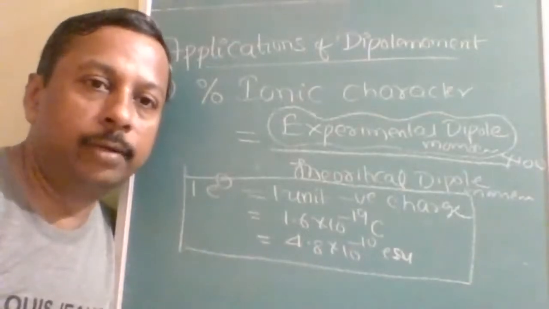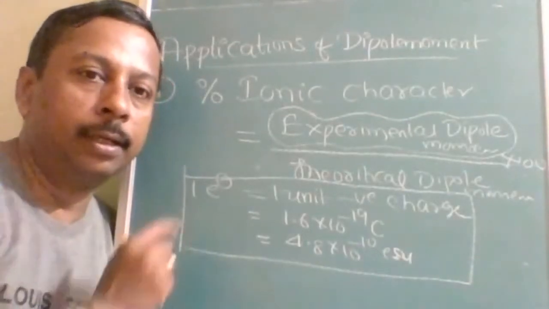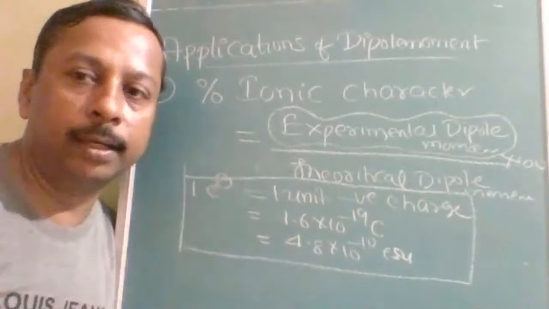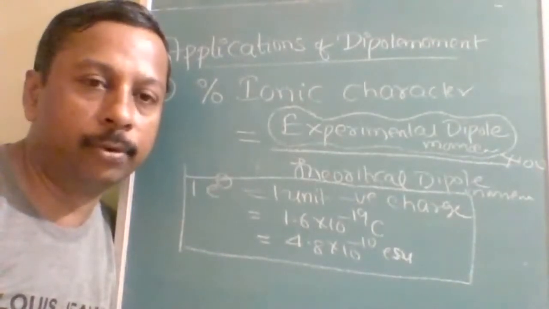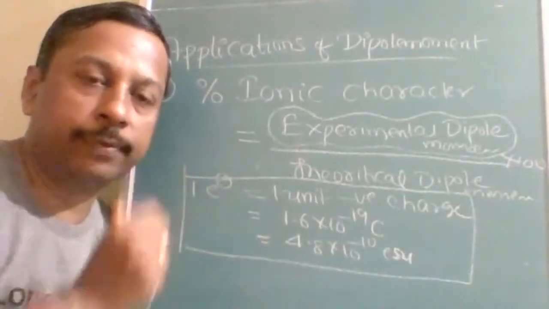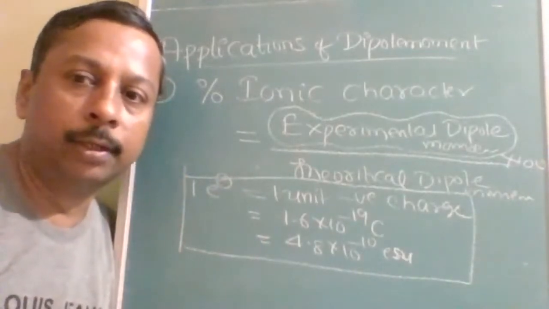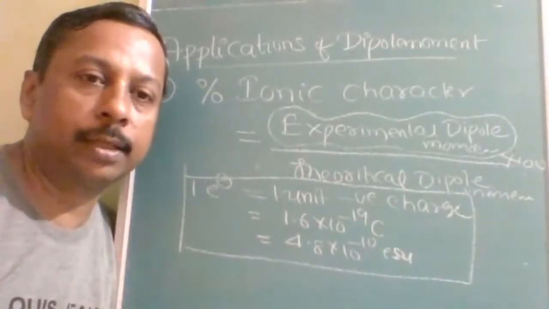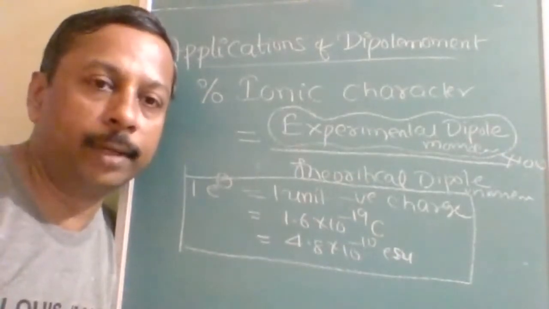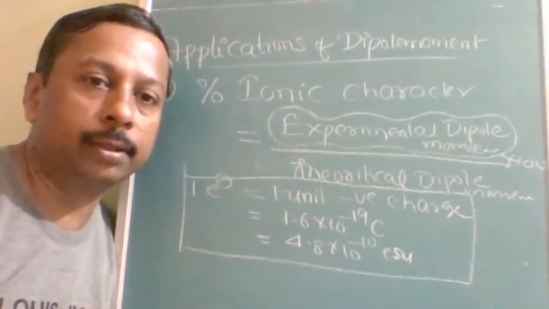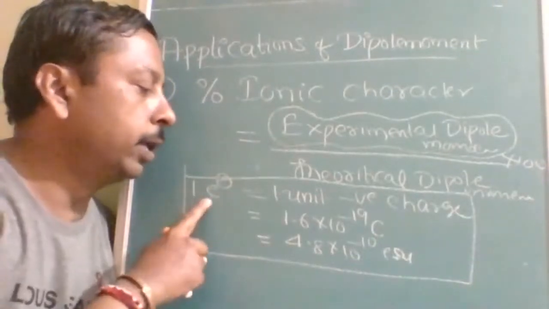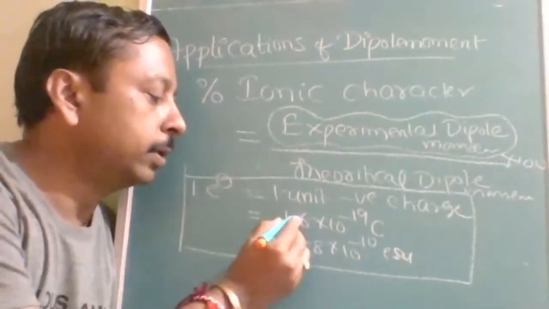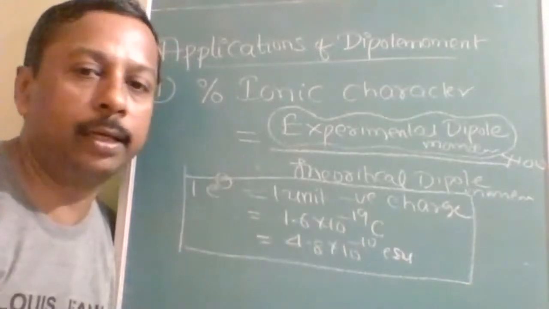Chlorine minus is because of one extra electron in chlorine compared to the proton. Similarly, sodium positive has one extra proton compared to electrons. So one unit negative charge means one electron, which is 1.6 into 10 to the power of minus 19 coulombs.